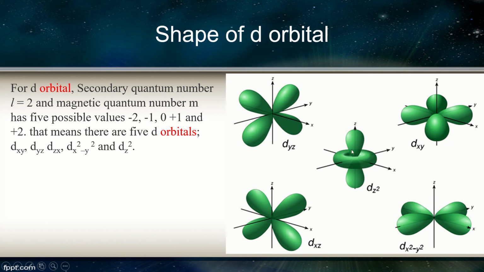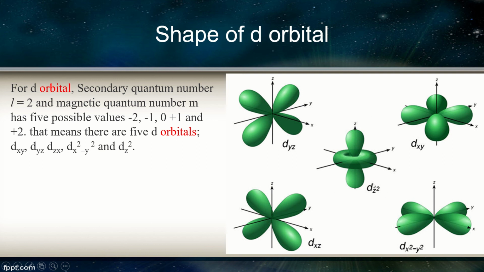Look, dyz, dxy, dxz, and dx square minus y square, their size and shape are the same, but dz square, its shape is different from them. All the d orbitals have the same energy.